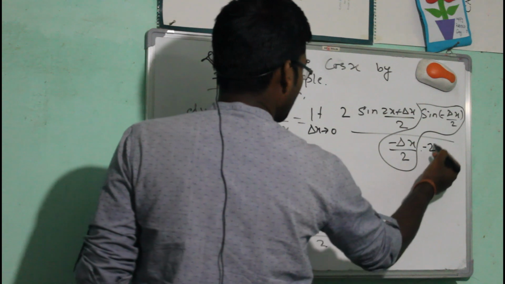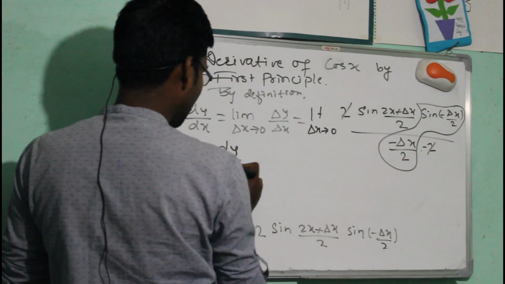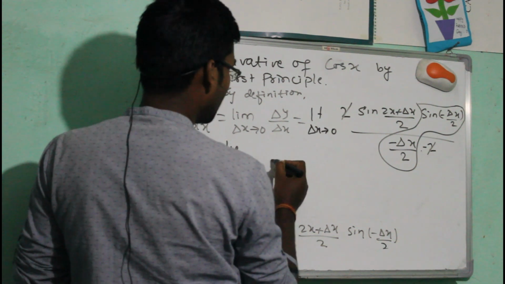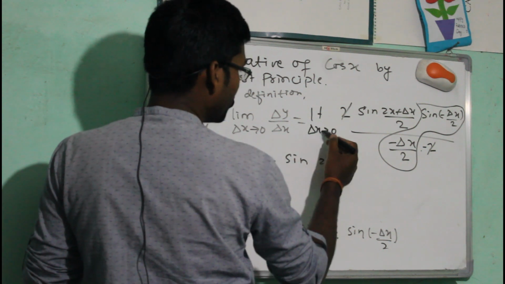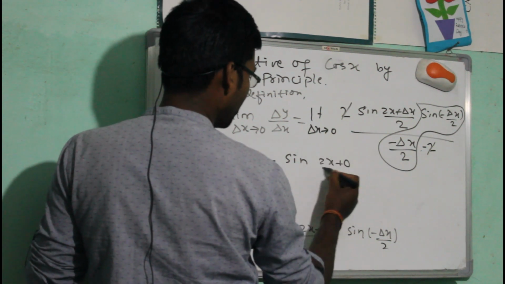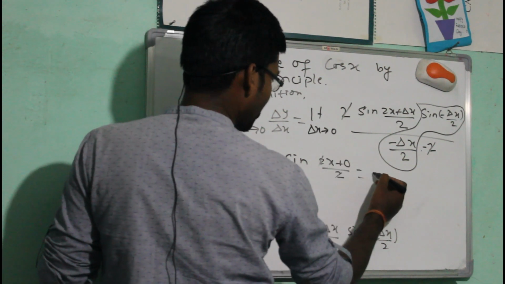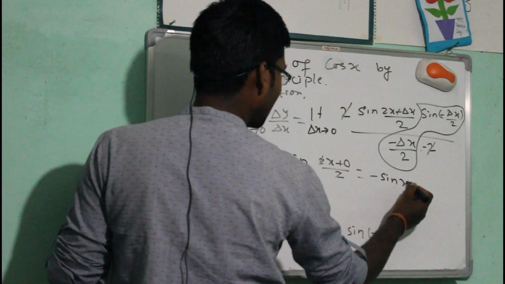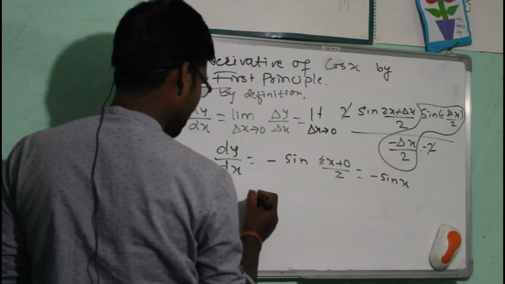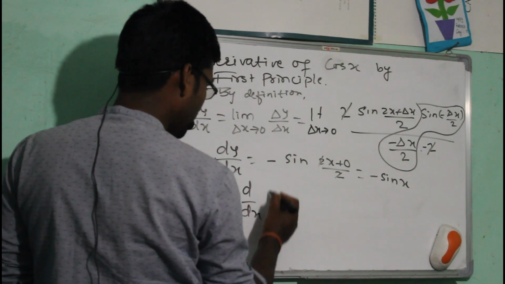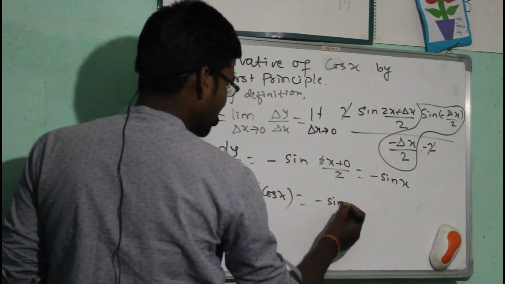Okay, so this 2 and 2 cancel, so what we'll get here, dy by dx equals minus sin (2x plus 0) by 2, put delta x at 0, so 2 and 2 cancel, so we'll be getting here minus sin x. Therefore we can write here derivative of cos x is here minus sin x.